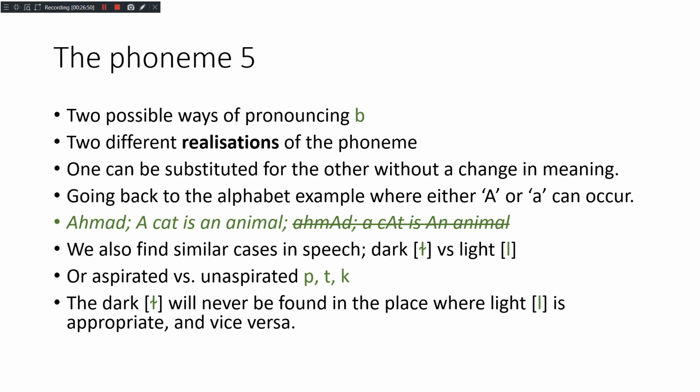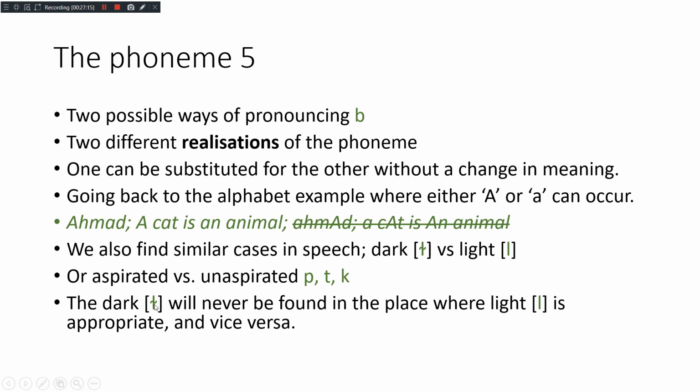Usually, English people don't say all with a light L. They say all with dark L after a vowel. But even if you did, the meaning is understood and we don't have a different phoneme.